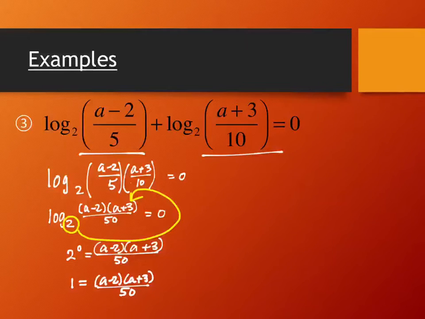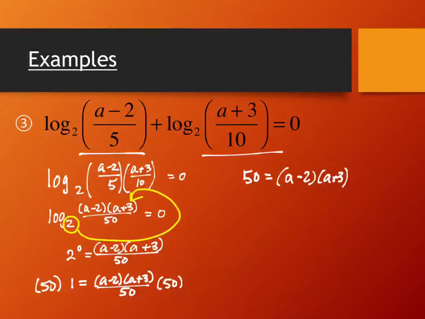Same thing on the right. And then if I want to solve this, I would want to multiply both sides by 50, or you can think of it as cross-multiplying. I'm trying to get the a's solved for, so I'll multiply by the 50. So I actually have 50 equals a minus 2 times a plus 3.